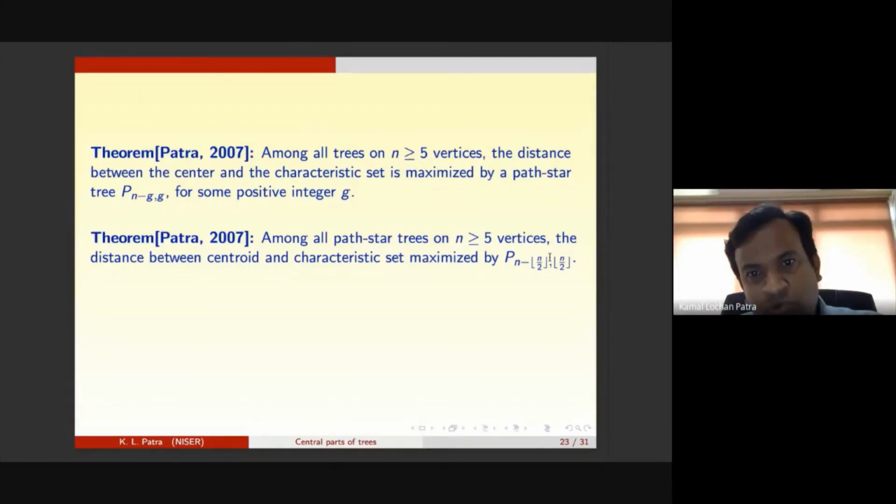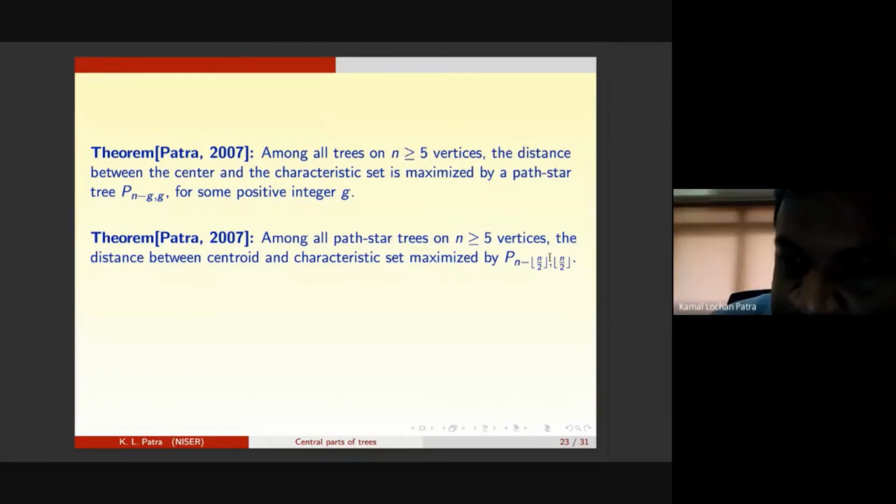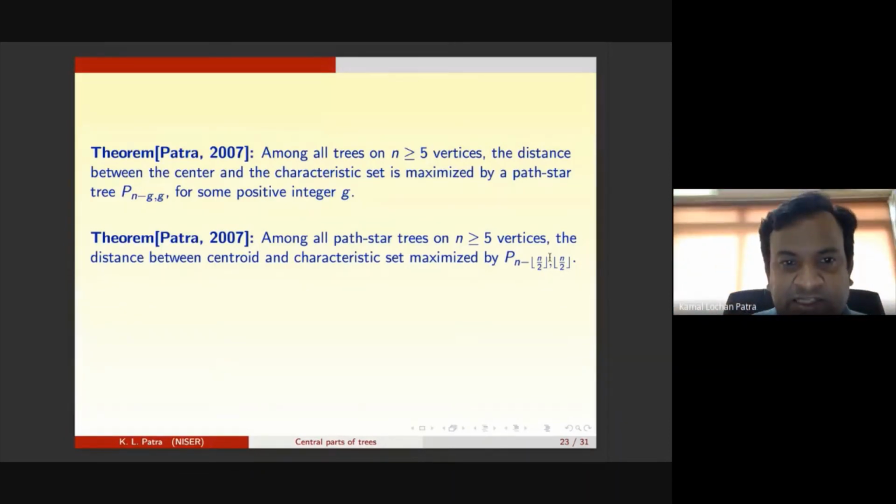Though we proved exactly which tree maximizes this distance between centroid and characteristic set, still for any n and any g, it is difficult to find exactly where the characteristic set lies.